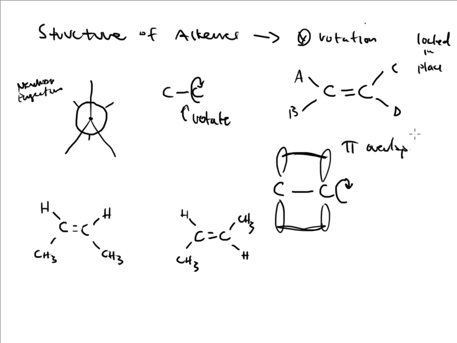That also means that these two structures are regarded as different ones. Oh, now I see where he's going with this. They're different structures. That also means they have different names. The molecule to the left has a different name than the molecule to the right.